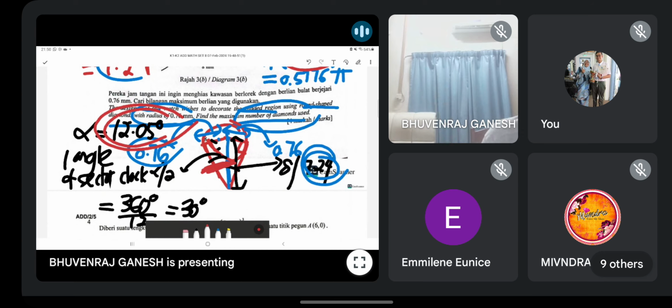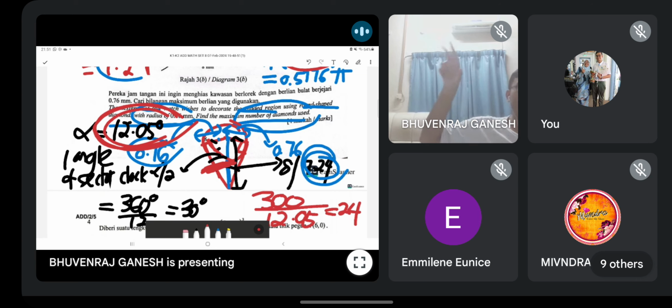So you want to find how many diamonds, bilangan diamond. One sector will have one diamond. This is our assumption. Satu sector, satu diamond. So bilangan sector akan sama dengan bilangan berlian. The number of sectors is our number of diamonds. That's why we can directly take 300 divided by the angle for one sector, equal to our number of diamonds, 24. Do you guys see the logic?